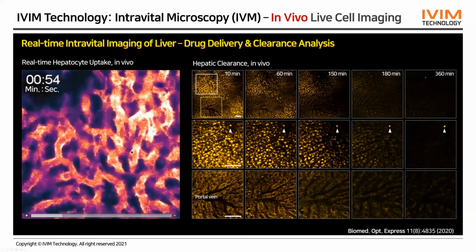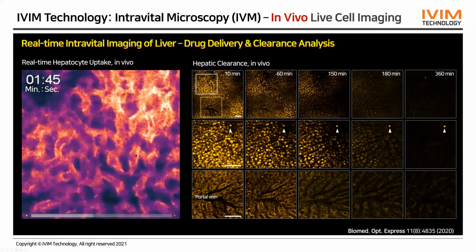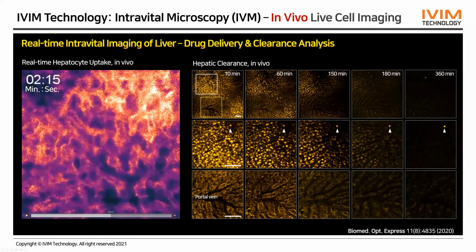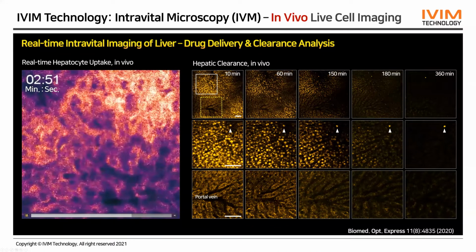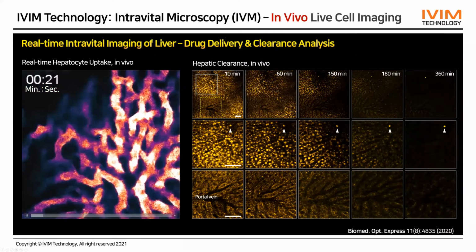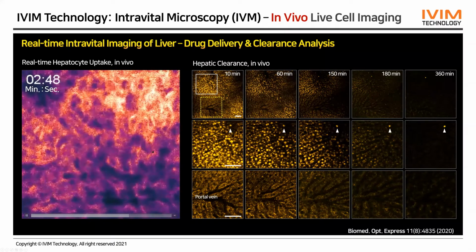It fully filled up the blood vessel, the sinusoid, and then it gradually leaked out from the liver sinusoid and was taken up by the hepatocytes here, like this. So this is the real-time uptake monitoring in the tissue.